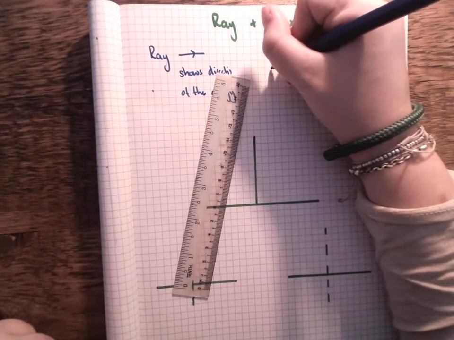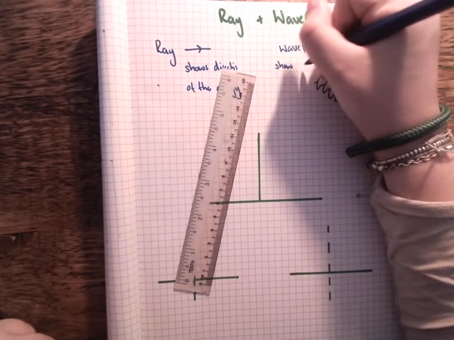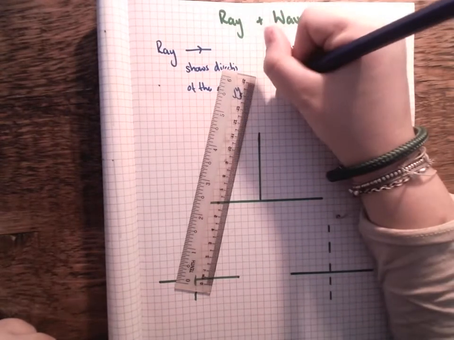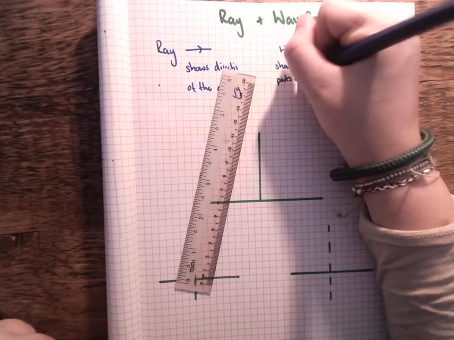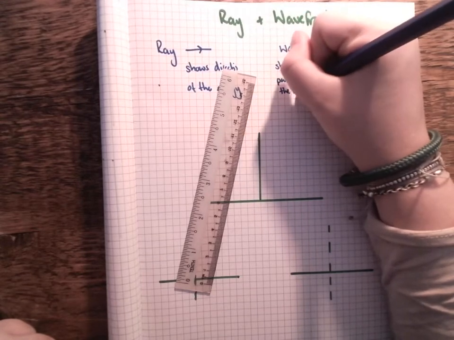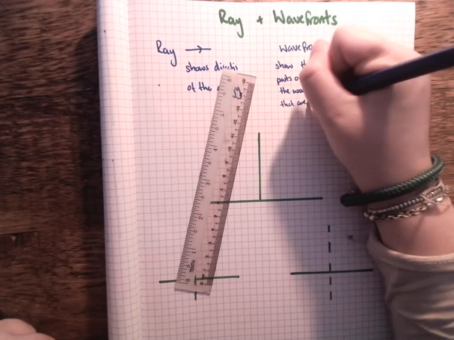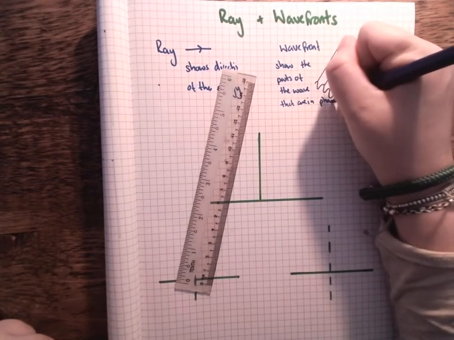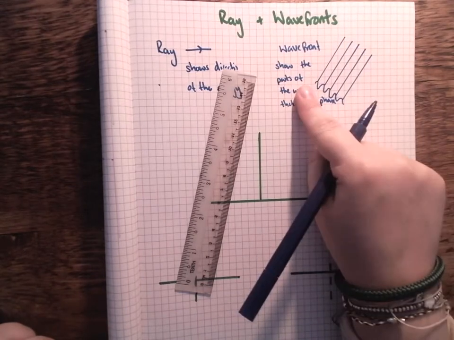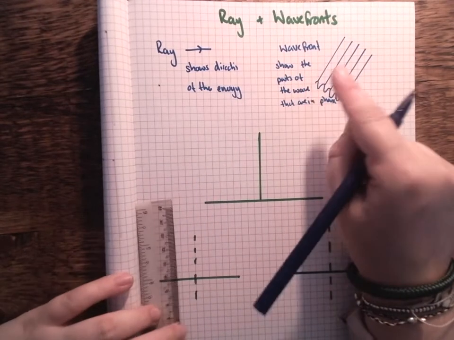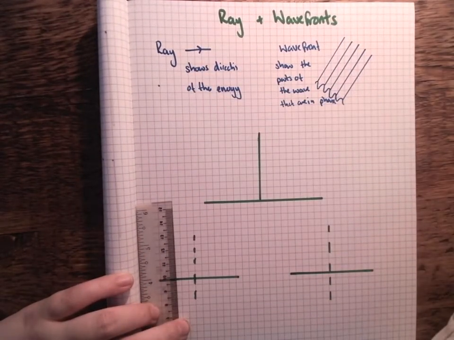So the wavefronts show the parts of the wave that are in phase. A wavefront shows the parts of the wave that are in phase. The ray shows the direction of energy.